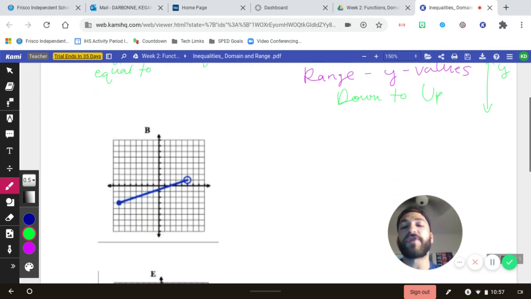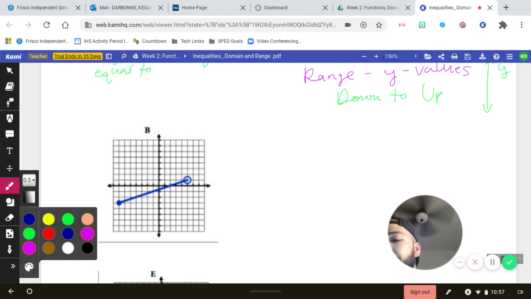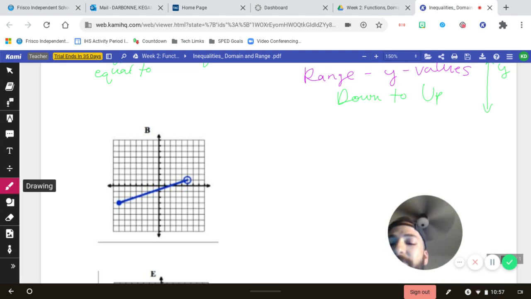So let's look at this first graph, B. If we notice in the x direction, its furthest point to the left is at 1, 2, 3, 4, 5, 6, -7. And its furthest point to the right is at 1, 2, 3, 4, +5.